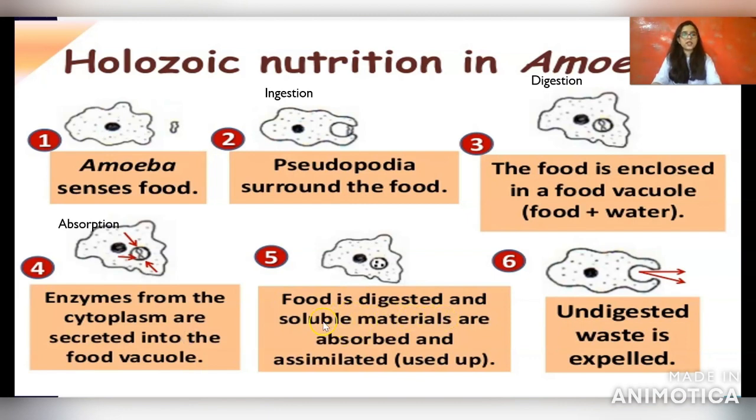Food is digested and soluble materials are absorbed and assimilated. Whatever important material is there in the food, the cytoplasm will absorb it. That is called assimilation. And the last stage is that undigested waste is expelled. It is called egestion. Is it clear? Holozoic nutrition in amoeba.